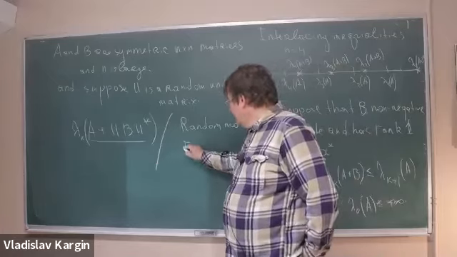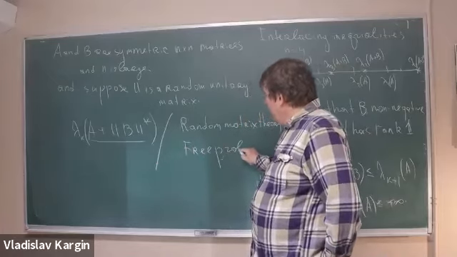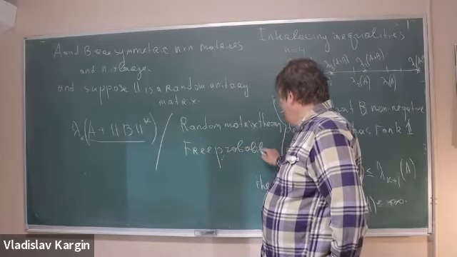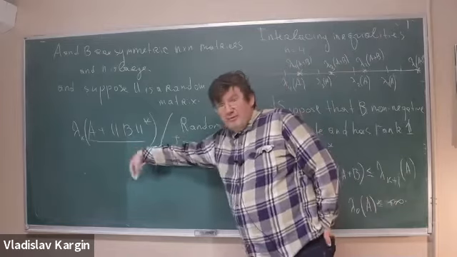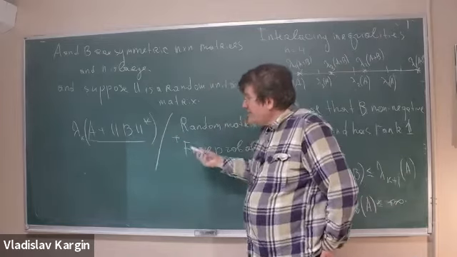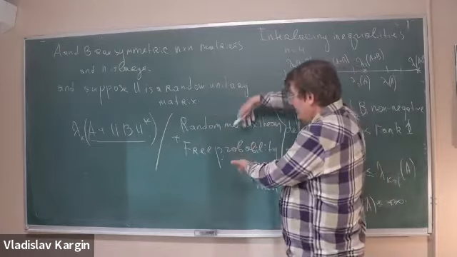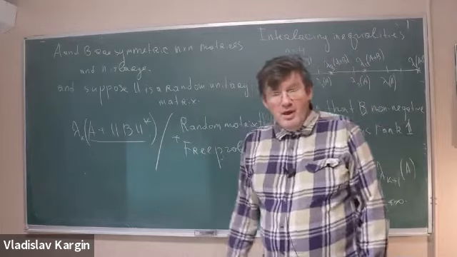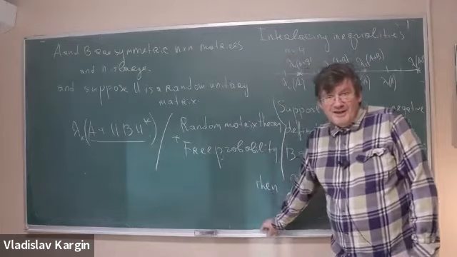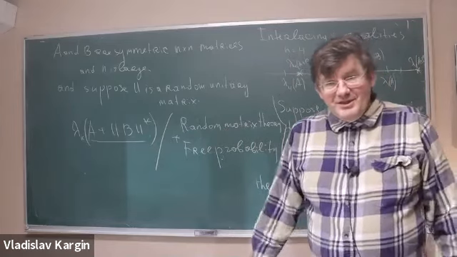Another thing I was interested in is free probability, which is a tool from a completely different area of mathematics. The study of these eigenvalues turns out to be related to a mix of random matrix theory and free probability theory. Okay, this is a good place to stop. So that's it.